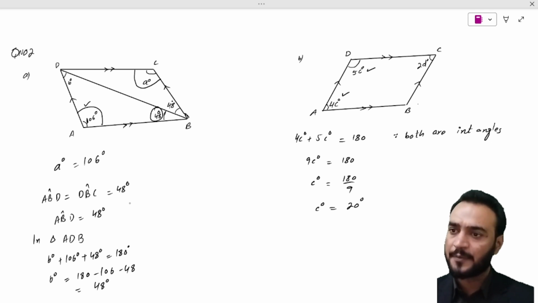Now, as you know, the opposite angles in a parallelogram are equal. So this angle is also equal to 5C degrees. Now 5C degrees and 2D degrees are internal angles between two parallel lines. We can put the sum of these two angles equal to 180 degrees, or otherwise we can put 2D degrees equal to 4C degrees, because opposite angles in a parallelogram are equal.